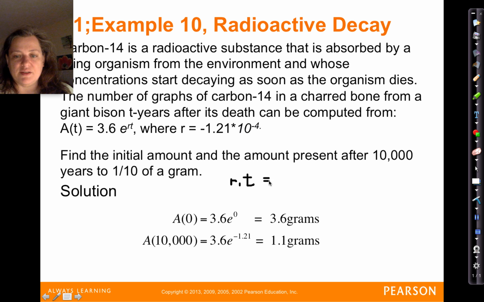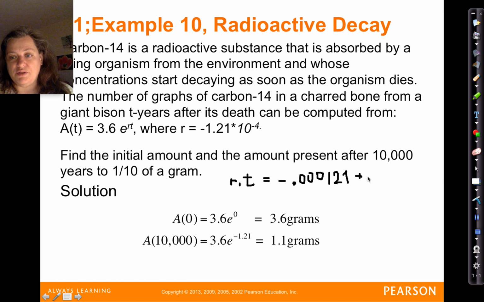And r is like this, minus 0.00001, because when I multiply with 10 to the minus 4, I have to move the decimal point 4 times over. Then the rest of the numbers. So that's what I have.